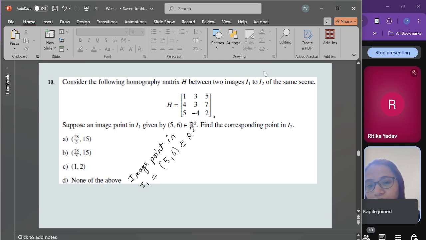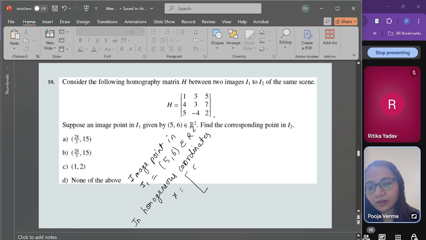Okay. So in the projective space, what will be the value in homogeneous coordinates? That point x will be scaled to 5, 6, 1, right?